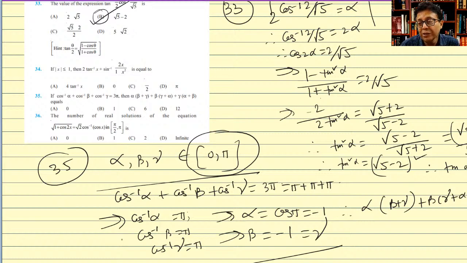Alpha beta plus beta gamma plus gamma alpha, 2 plus 2 plus 2. 6 is the answer. Clear? Think about 36. So C is the correct option for the previous one. Think about number 36.